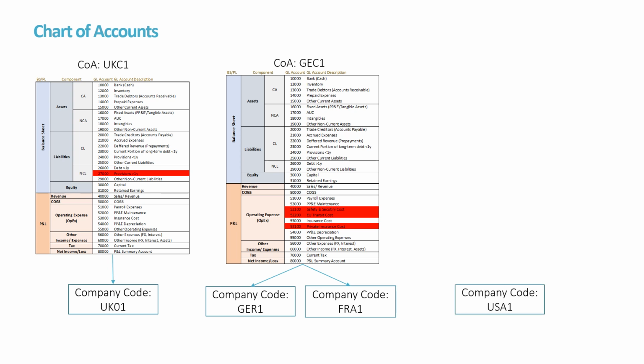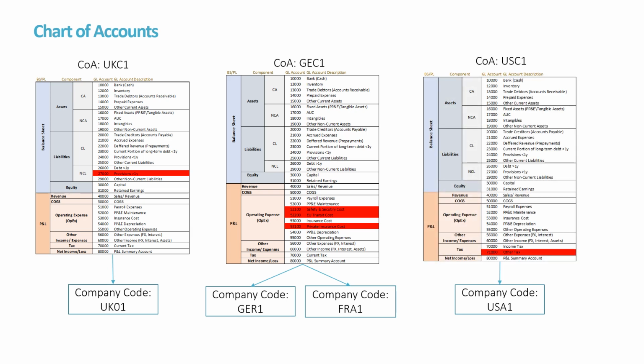Conversely, for the US unit, the requirements may be distinct, possibly due to US accounting standards called US GAAP, which can differ from the IFRS standard followed by most European countries. In this case, a new chart of accounts must be created and the company code USA1 should be assigned to it.